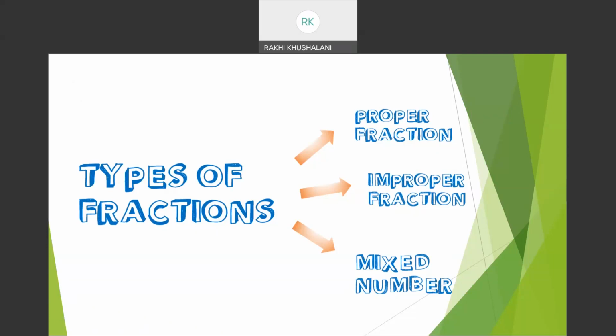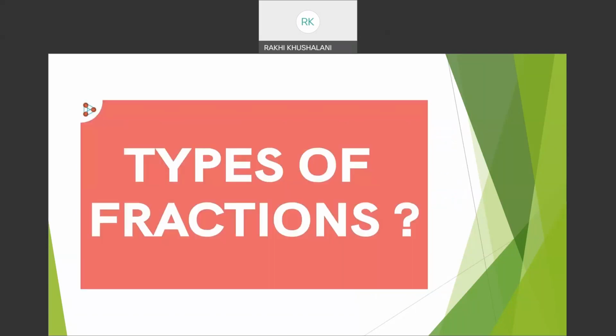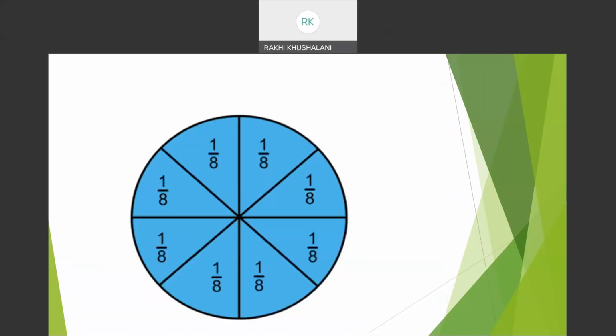I would like you to open your textbook after seeing this video and see the types of fractions there, because here in this video, I will discuss the important fractions. Unit fractions are basically the regular proper fractions with the numerator 1, like 1 by 4. Just now I discussed 1 by 8, which is a unit fraction. Where the numerator is 1, we call it a unit fraction. So it represents one unit.